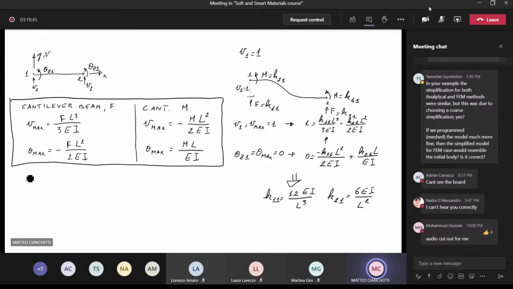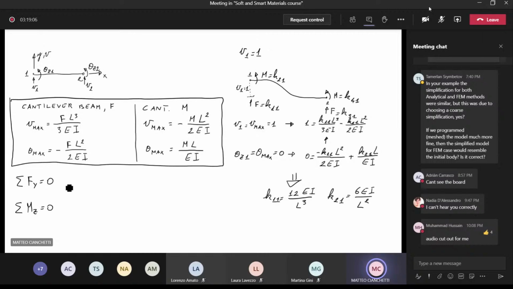equilibrium of the system. So the equilibrium of forces and the equilibrium of moments. We know that the sum of the forces on Y should be equal to 0, and we know that the sum of the moments about Z should be 0.